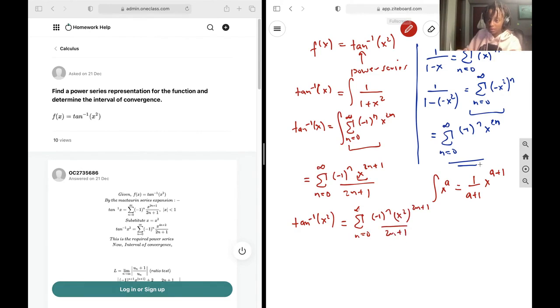And we know that all of this holds in the condition that the absolute value of x is less than 1. So let's rewrite that. And finally we get x, we're going to multiply this, so that becomes 4n plus 2 over 2n plus 1. So that's going to be our first answer.